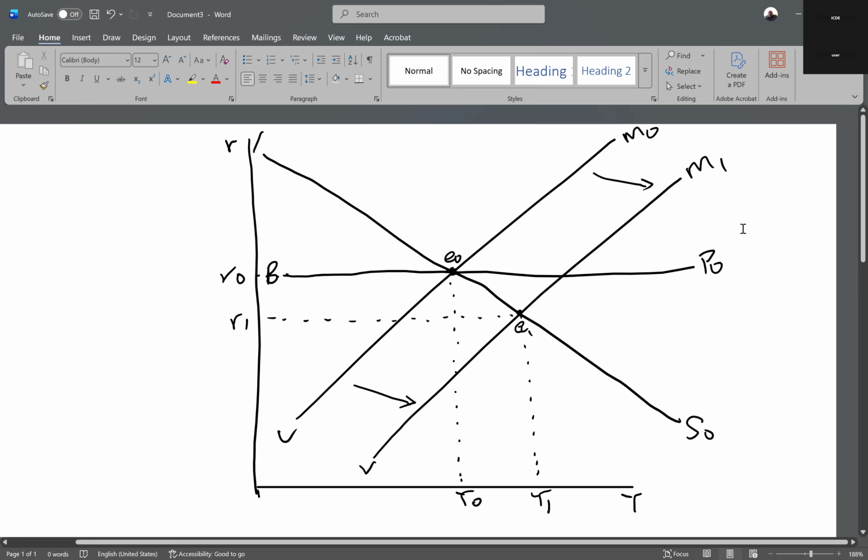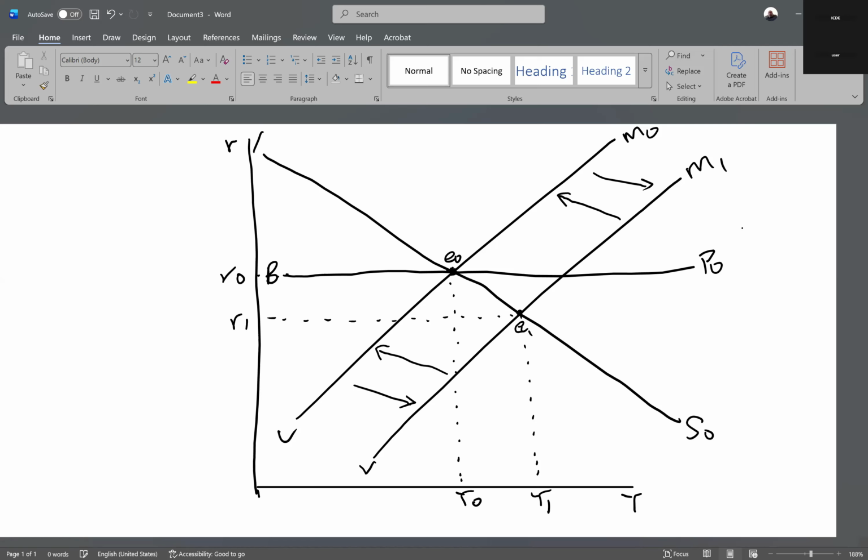So a reduction in money supply will shift the LM curve to the left, back to its original position, LM0. So it means that income will fall back to Y0 and interest rates will rise back to R0.